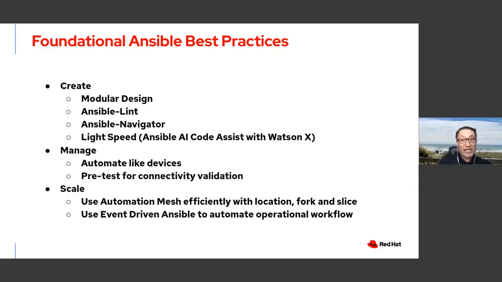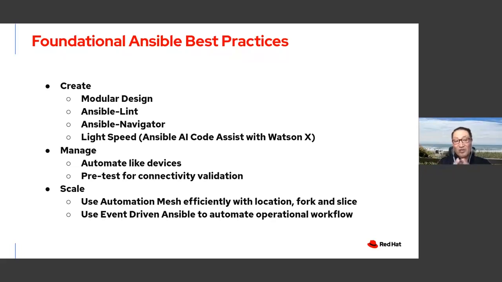Now going into scale, this is about using your automation mesh efficiently with location, fork, and slicing. What I said about automating like devices before, there are certain devices like network devices that are location specific, that you may want to gather in a very specific location.